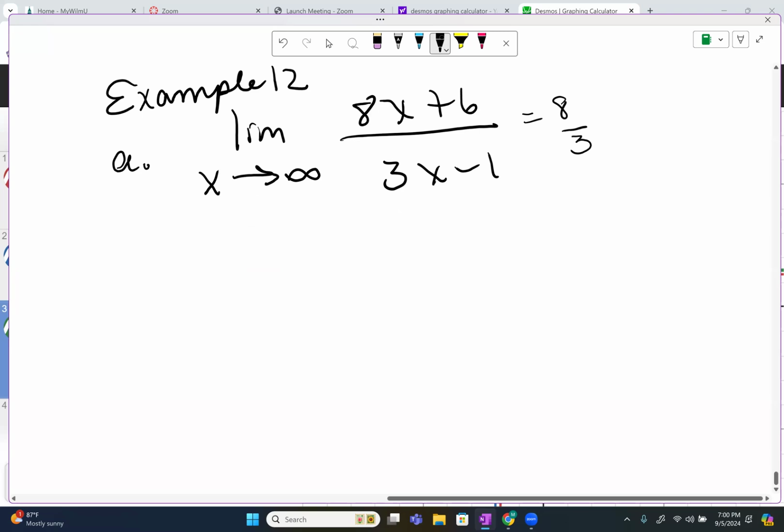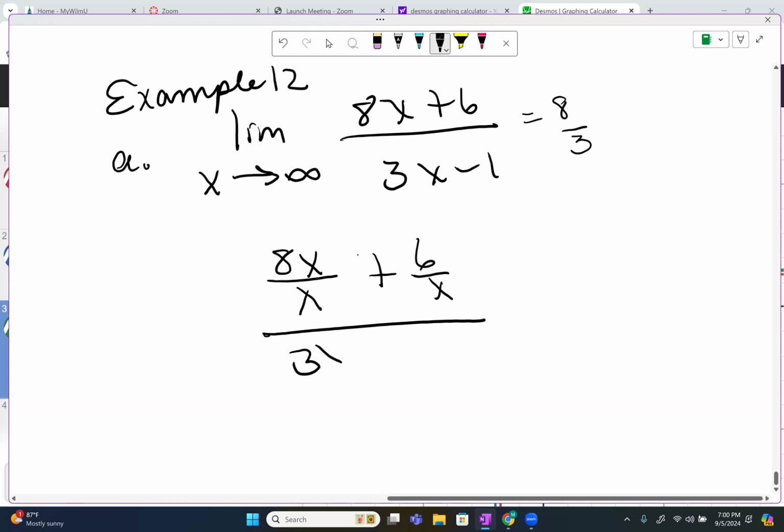as x reaches infinity, you have 8x over x plus 6 over x, all over 3x over x minus 1 over x.